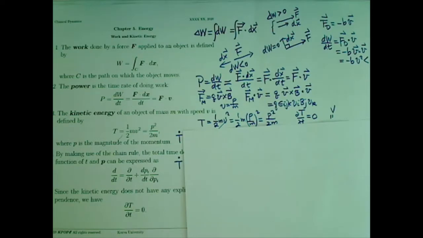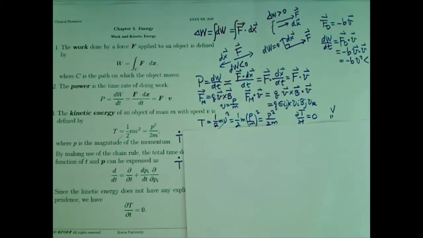Sure, if you do some work on a particle, the kinetic energy may increase, but explicitly, kinetic energy is a function of p, and p must be a function of position. As a result, it can be changed if you do some work. Anyway, the partial derivative with respect to time should vanish.